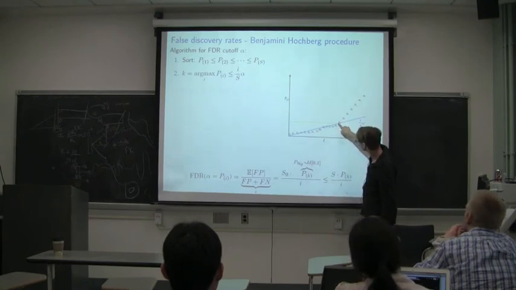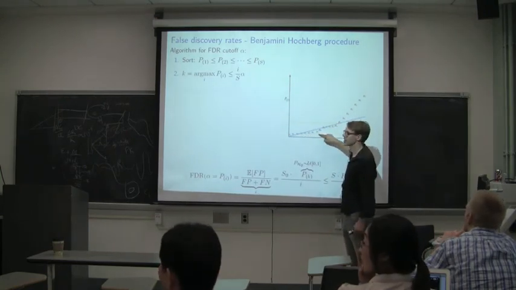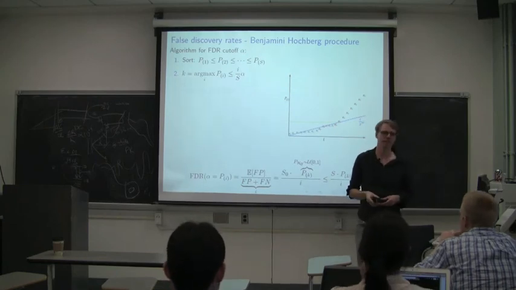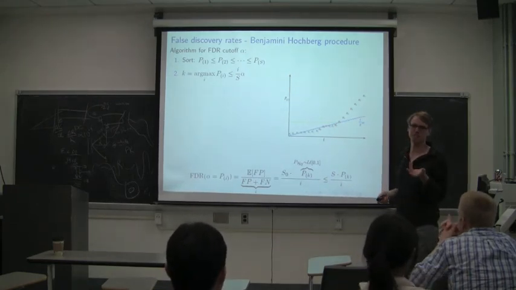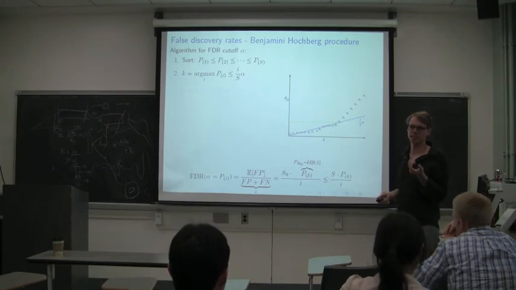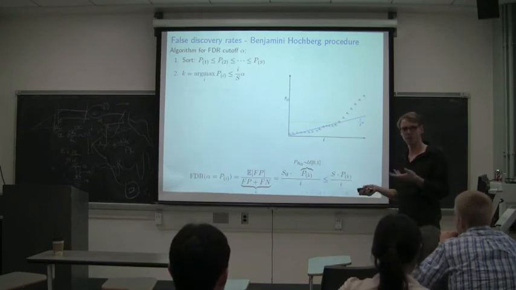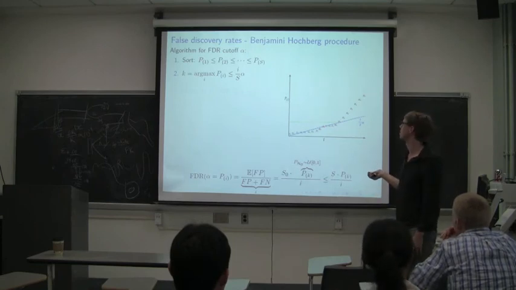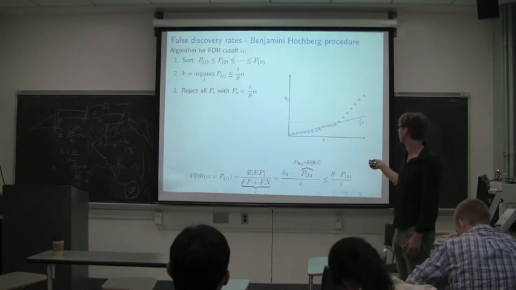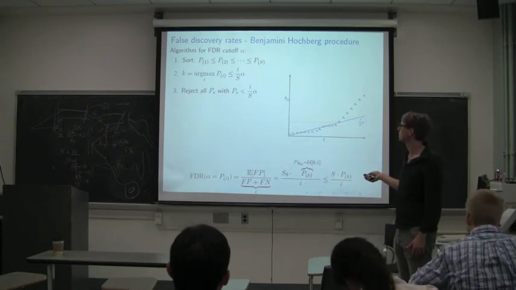If I report these, the number of false positives is expected to be smaller than alpha. So I call everything smaller significant.